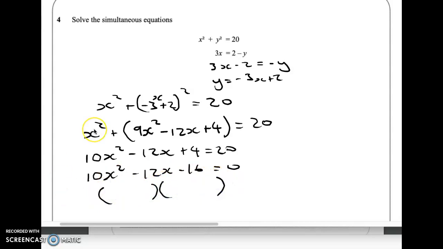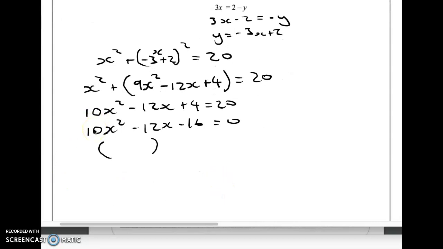Oh, hang on, before I do the brackets, it would be good to get it to x squared, but we can't divide everything by 10. All we can do is divide by 2 again, which will give us 5x squared minus 6x minus 8 equals 0.